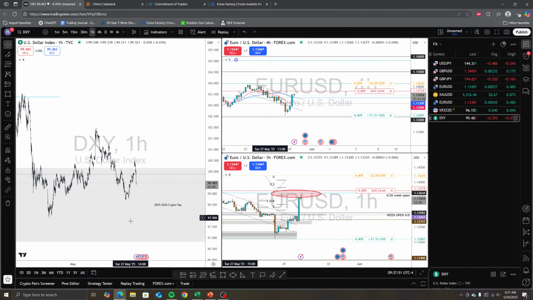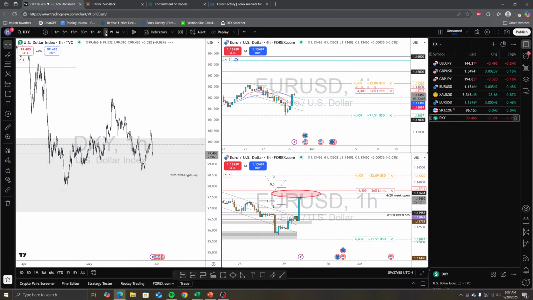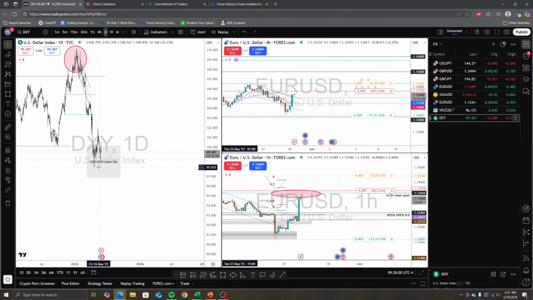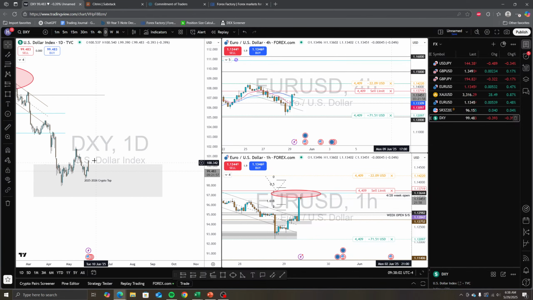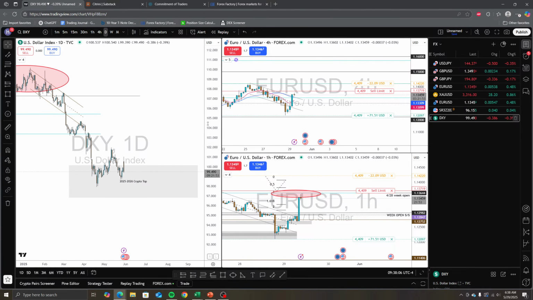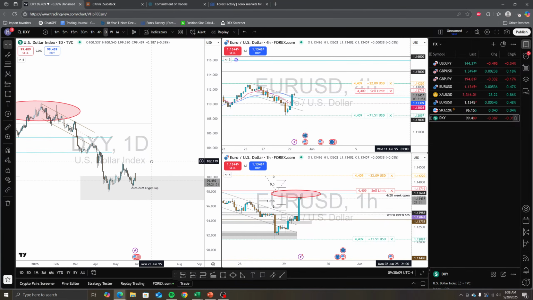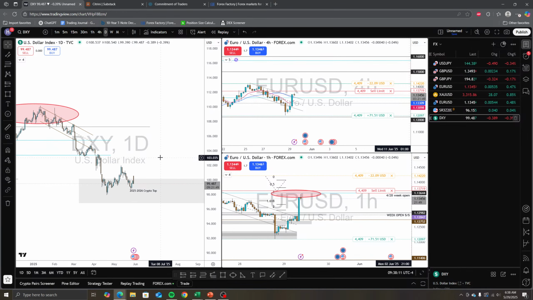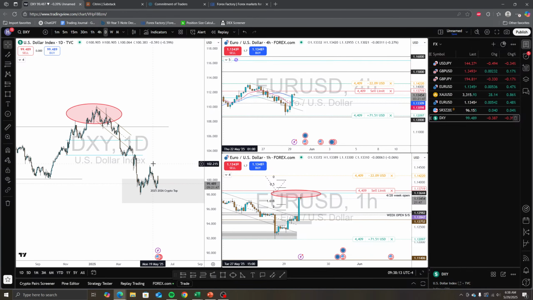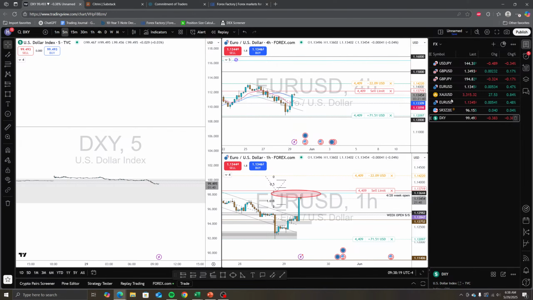Oh yeah, crypto top still in the game. Still in the game for the crypto top play. Right here we were out of the game, but now we're coming back in the game, so that's cool. Shit, I should be buying more crypto then. Let's go back to the euro.